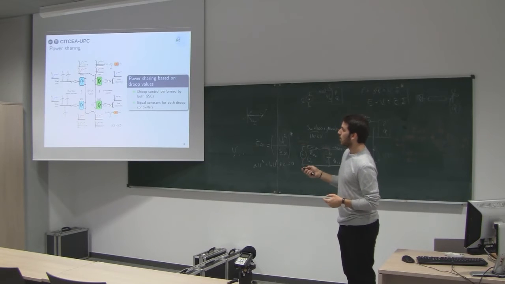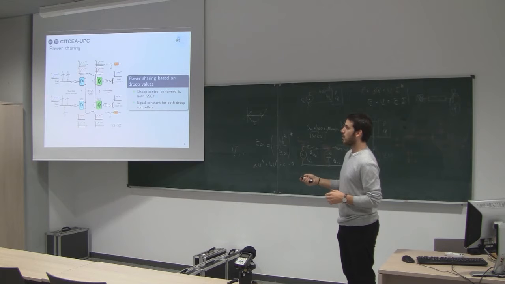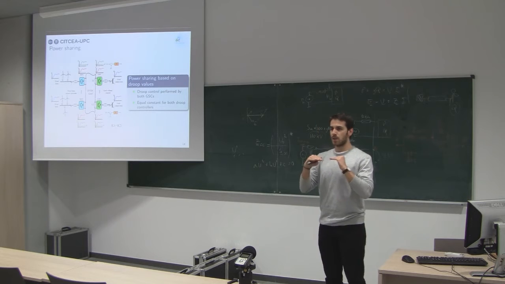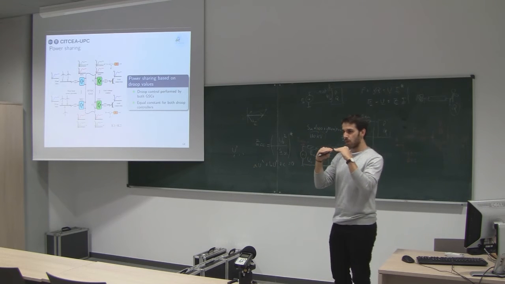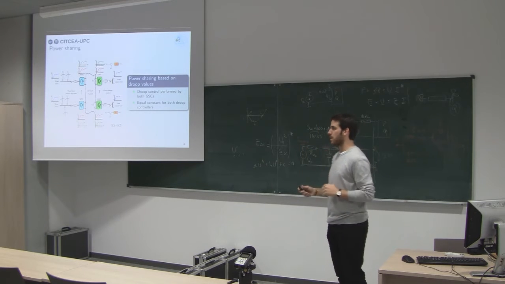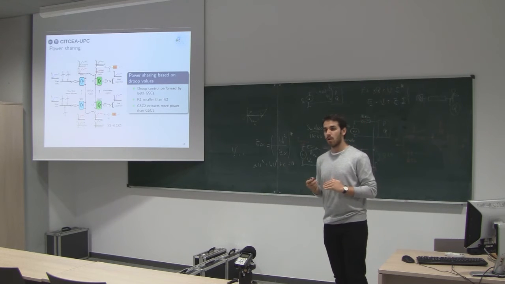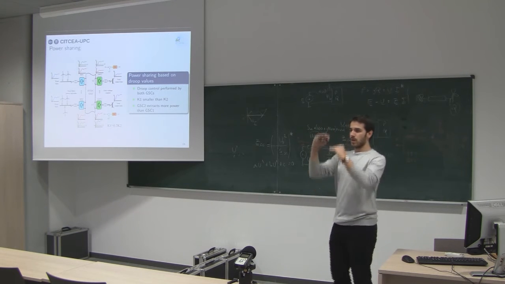For example, in an equal case, we are almost sharing the power between the two. So if we are injecting 400 megawatt and 400 megawatt here, we will extract 400 and 400 here, more or less. And if it's not like that because of the impedances, we will be able to compensate that. But if we define this ratio, for example K1 lower than K2, then we can scale that.